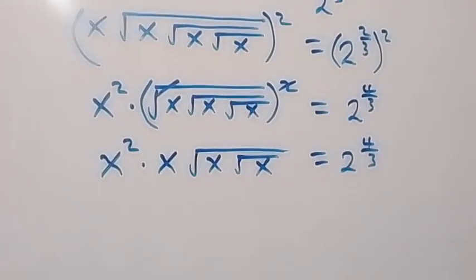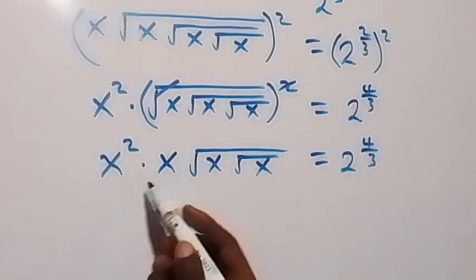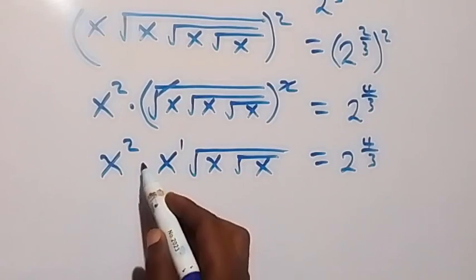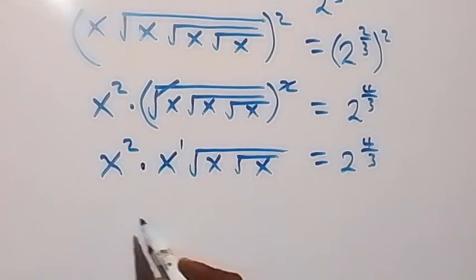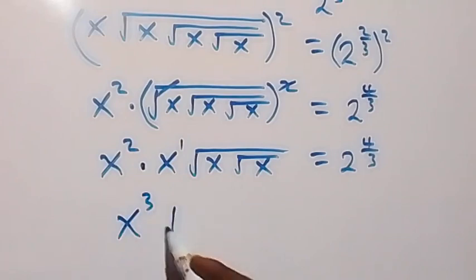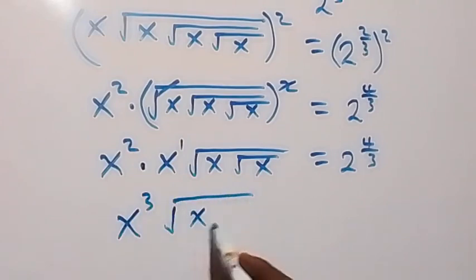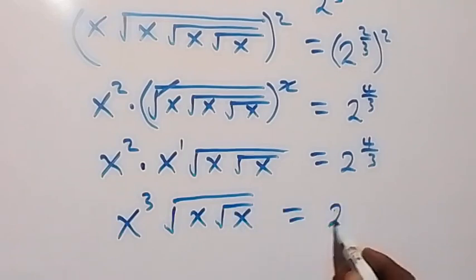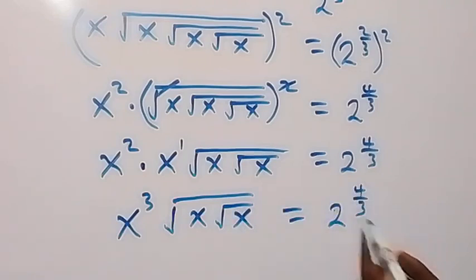Then from here, this is x raised to power 1, and when we bring it together from the law of indices, that means we have x raised to power 3 now, then times root x, then equals 2 raised to power 4 over 3.